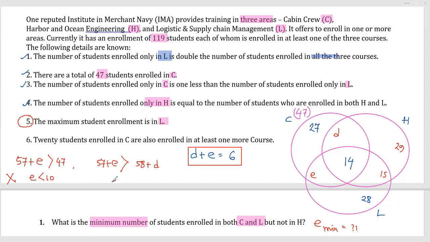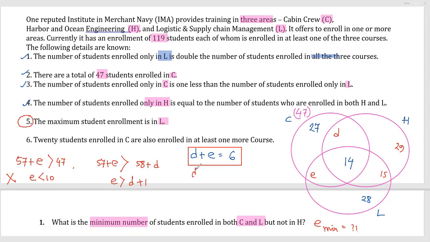Let me go into these. E is greater than D plus 1. If you take both as 3, that would not work, then D would be less than 3.